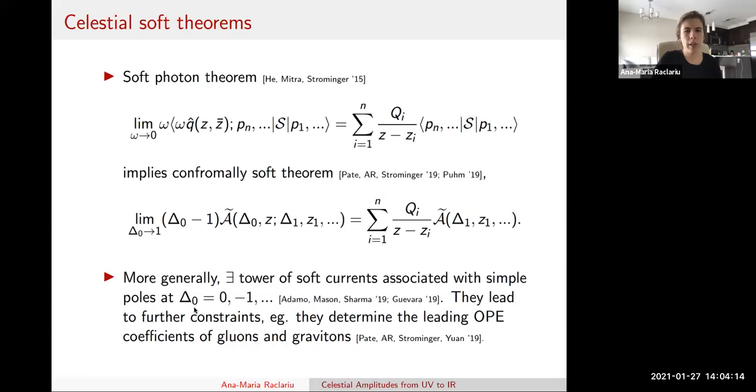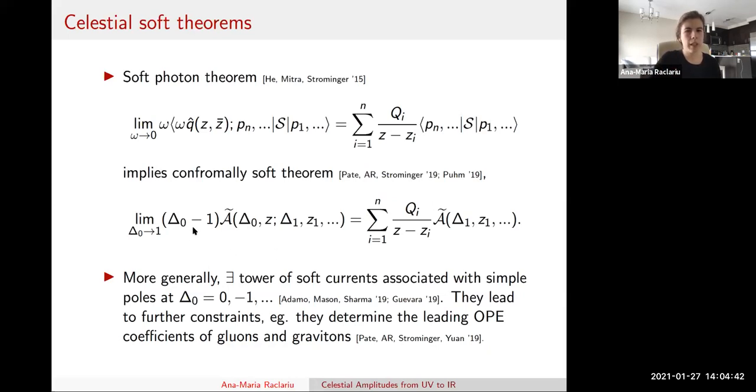And it was shown that, while the leading conformally soft theorem is very similar to the momentum space relation, the subleading and sub-subleading soft theorems actually impose more non-trivial constraints on the celestial amplitudes, in that, just like translations, they relate celestial amplitudes with operators of differing dimensions.